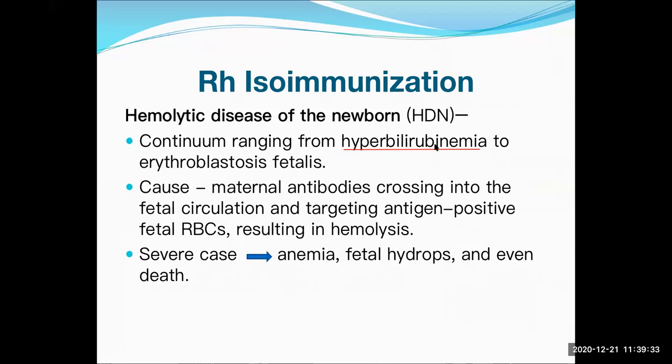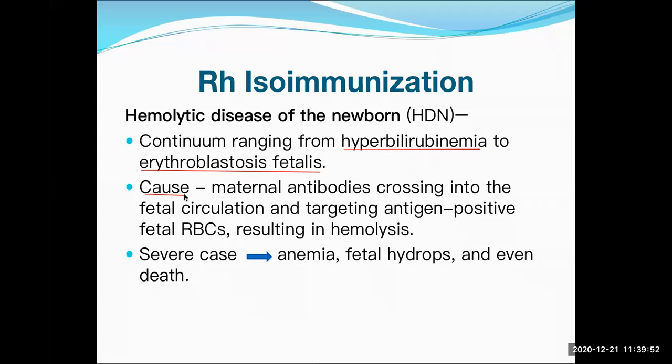Excessive presence of bilirubin in the blood. This is thus the beginning, though. The most severe type of manifestation is known as erythroblastosis fetalis, and this erythroblastosis fetalis is the cause for hydrops fetalis here.